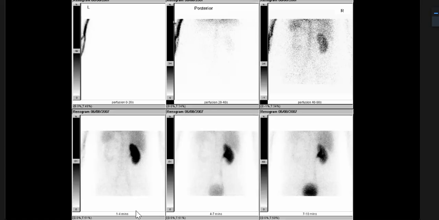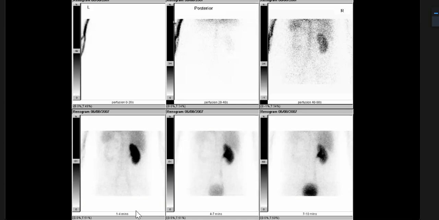Okay. Which test is this? This is, I think, a DMS scan. Yes, DMS scan. It's a renogram, a MAG3 renogram. Okay.